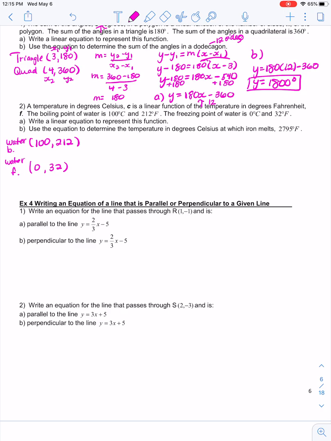All right, so let's use my slope formula again. Remember, it's y2 minus y1 divided by x2 minus x1. So 32 minus 212 divided by 0 minus 100.